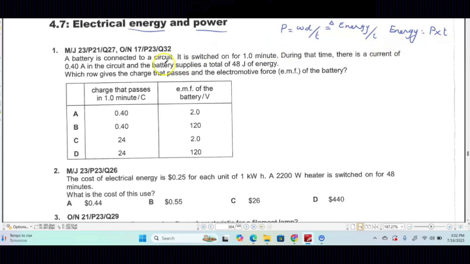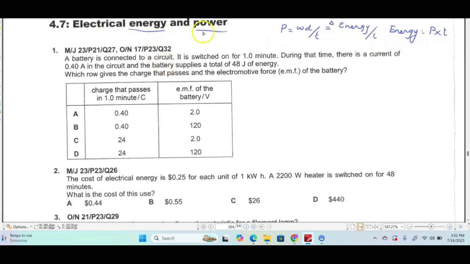When we are talking about electrical energy and electrical power, we should know that power is represented with three formulas. One is power is equal to voltage into current.